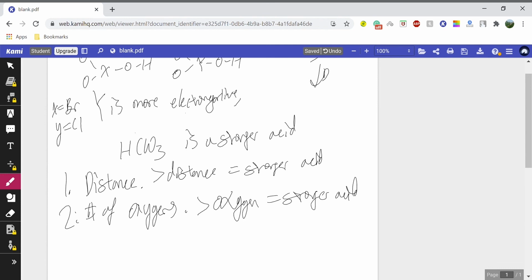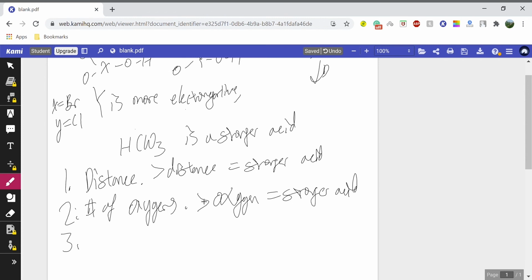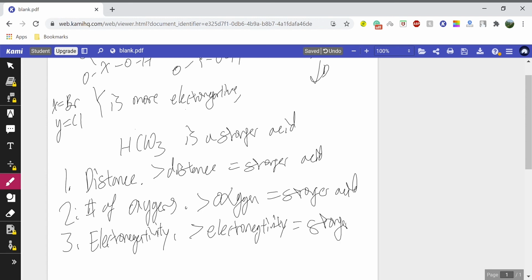Now, what if the oxygen number is the same? Number three, it's electronegativity. Now, if the number of oxygens is the same, stronger electronegativity will equal a stronger acid.